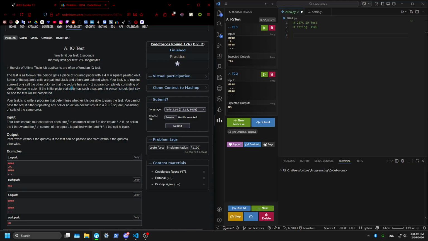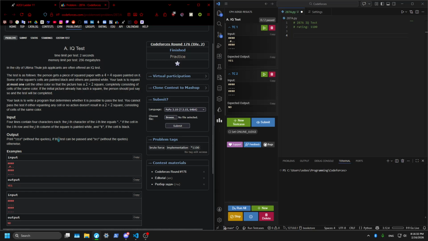If the initial picture already has such a square, the person should just say so and the test will be completed. Task is to write a program that determines whether it's possible to pass the test. You cannot pass the test if either repainting any cell or no action doesn't result in a 2x2 square consisting of cells of the same color.